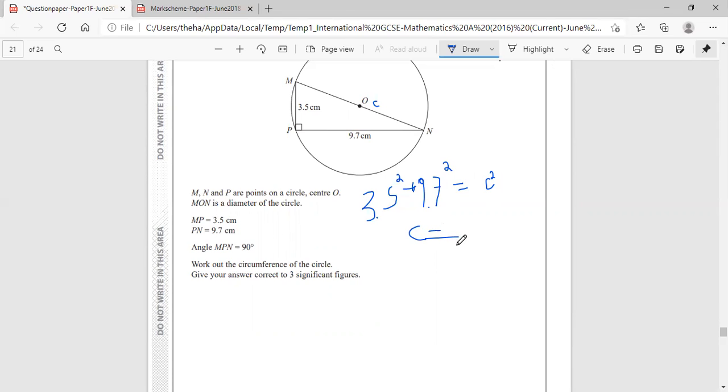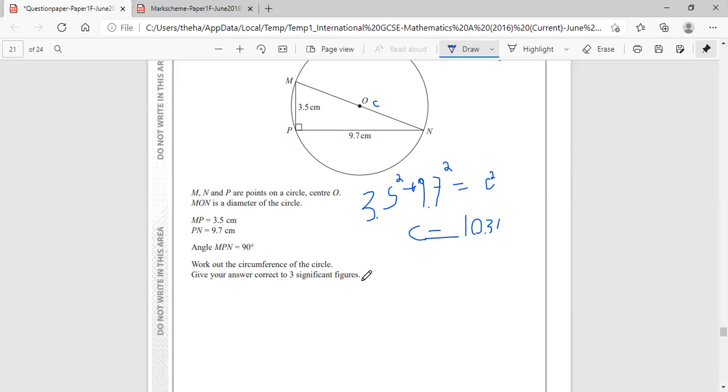So we're going to do square root 104.33. You can try it yourself on your calculator, and that'll give us 10.31 centimeters. So now we know that.